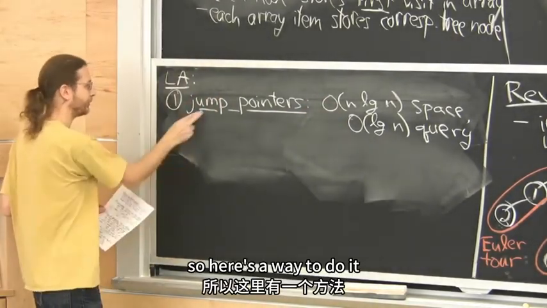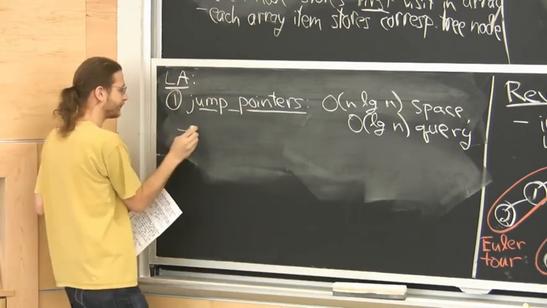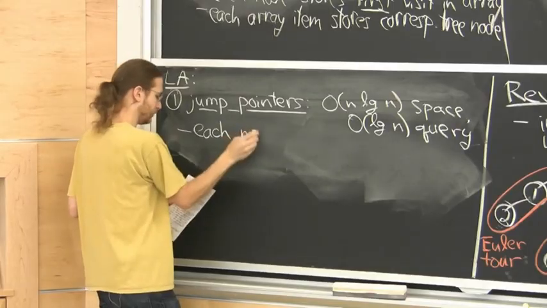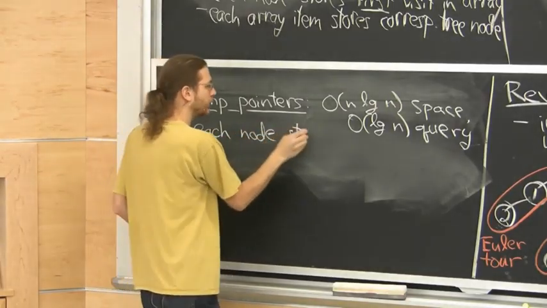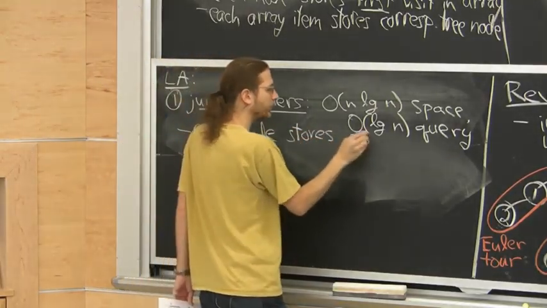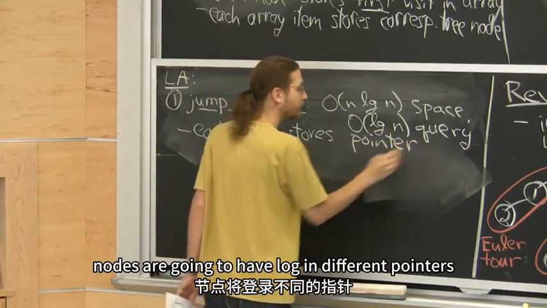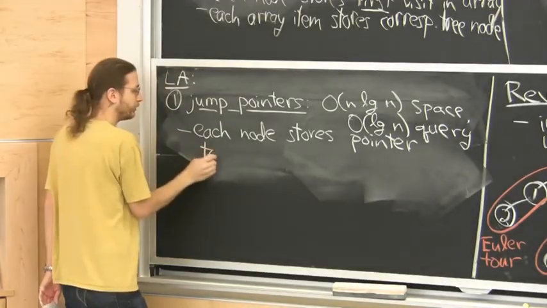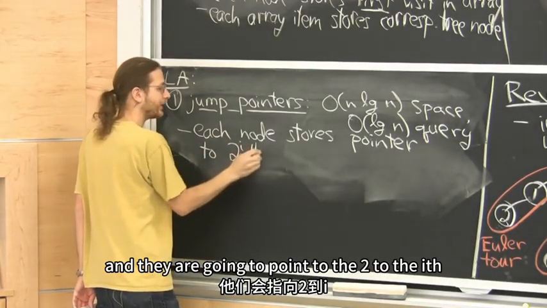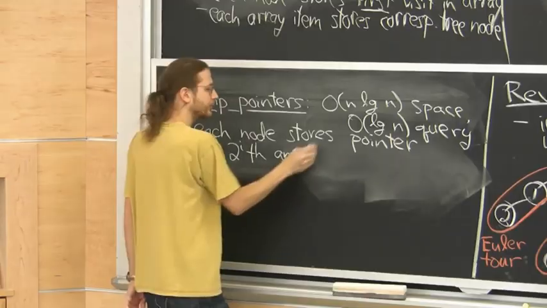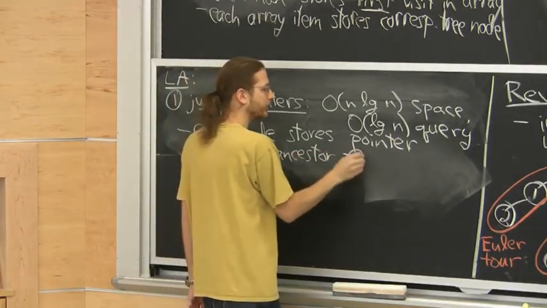So here's a way to do it with the technique called jump pointers. In this case, nodes are going to have log n different pointers, and they're going to point to the 2 to the ith ancestor for all i.